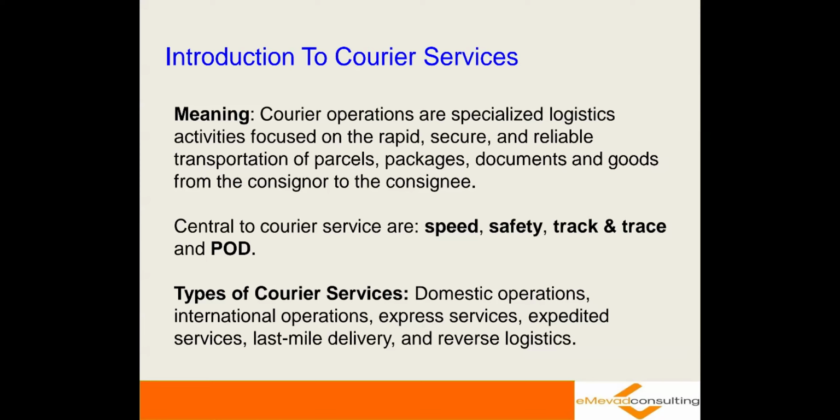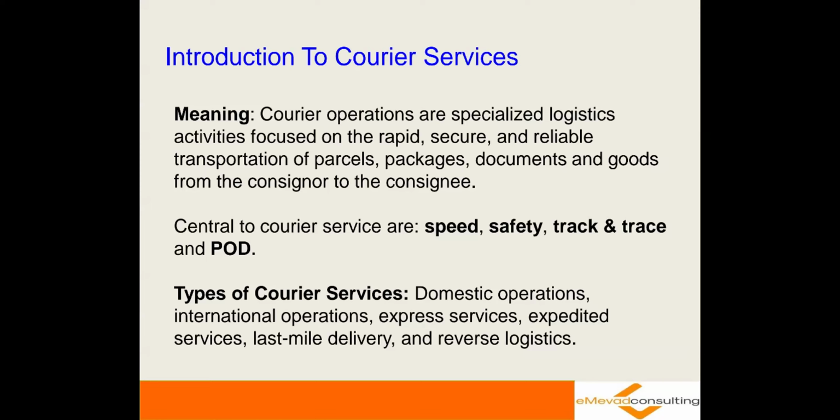And then there are different types of courier services. You could have domestic operations, courier services that involve domestic operations. We mentioned that last week. That is, if you're operating within the confines of a country, like if we have a courier company that runs only within Nigeria, or only within Lagos, or only within a locality like Ikeja, you are still operating under domestic services.